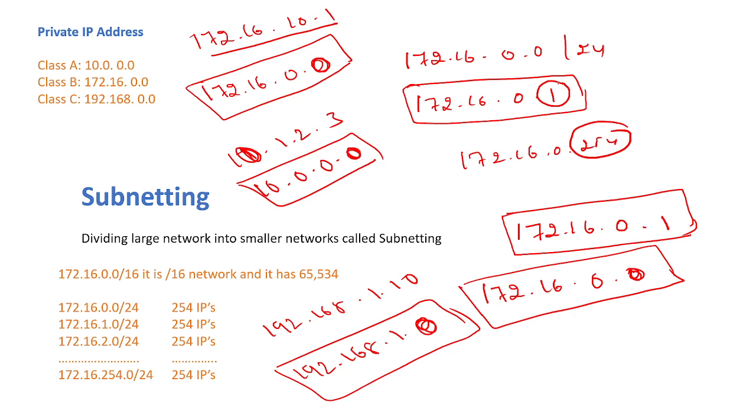So with this, we will quickly move to subnetting. Just one minute, that's all. What do you mean by subnetting? Any idea about subnetting, guys? Subnetting is nothing but network within network.